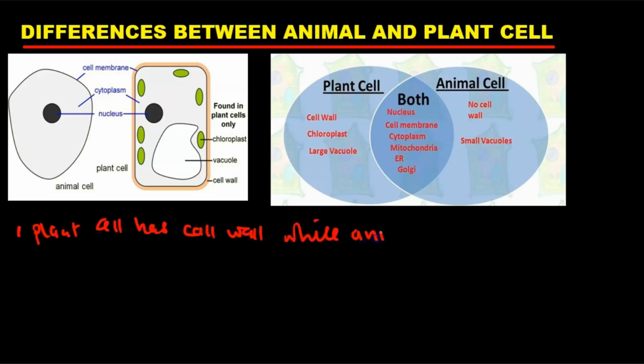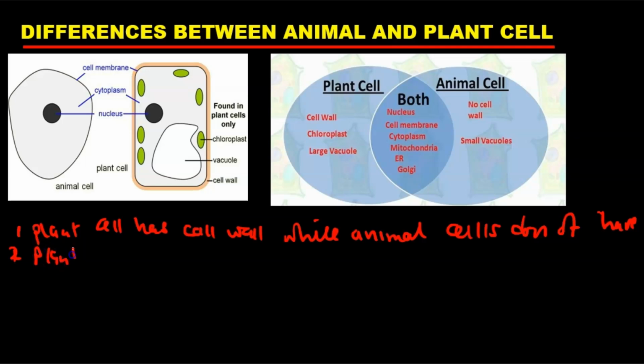whereas animal cells do not have. So plant cell has cell wall, while animal cells do not have. Okay. The second difference that we can talk about is in terms of chloroplast.